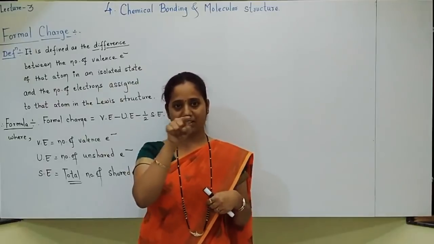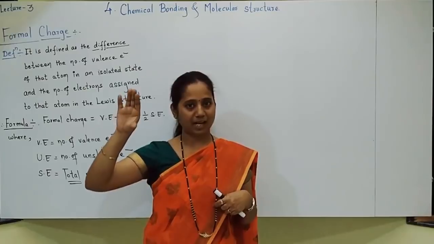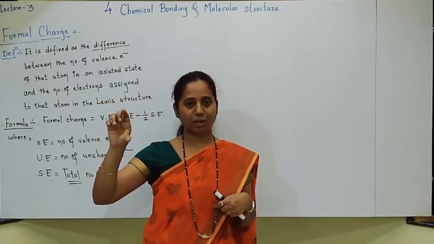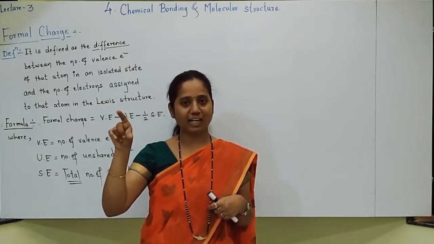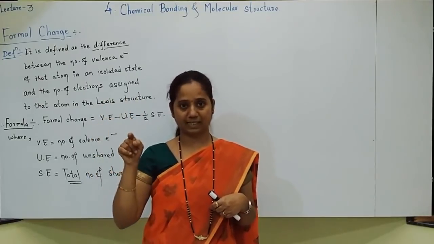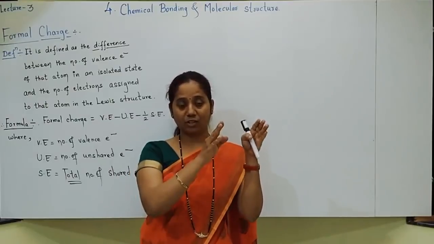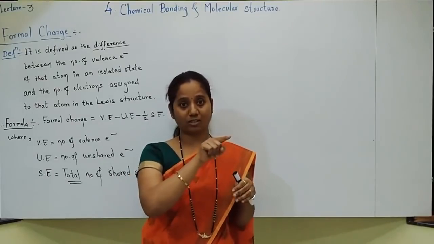So it is the difference between the number of valence electrons of that atom in an isolated state, and the electrons which are assigned in Lewis dot structures.